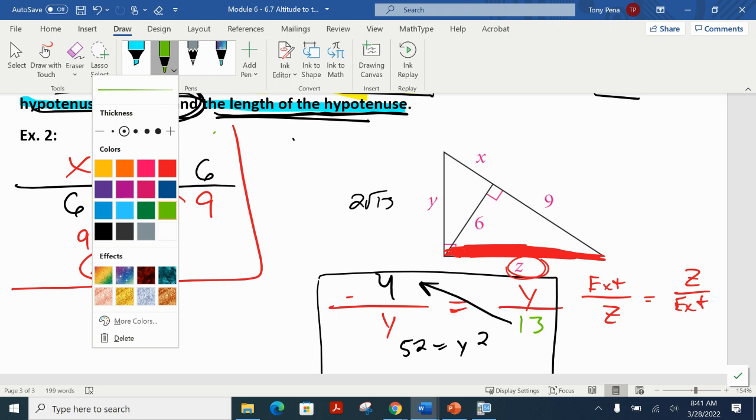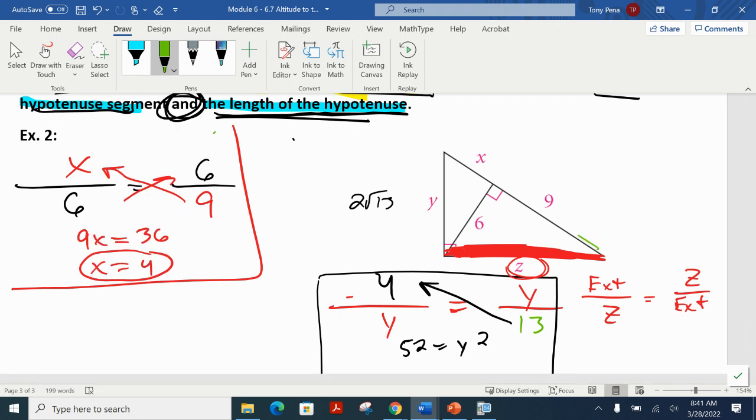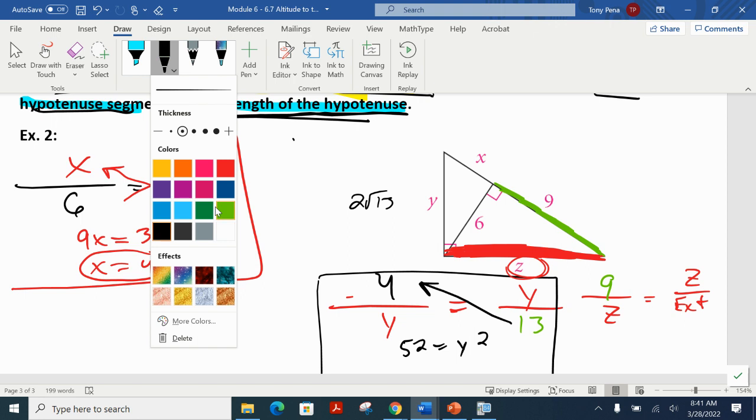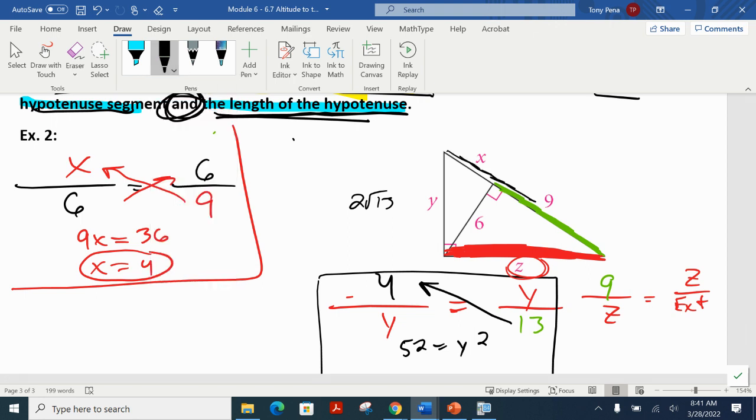And then what we compare it to is the adjacent side. So this side right here is the one that's right next to it on the hypotenuse. So you're going to put 9 into one of those positions, compared to the entire hypotenuse length. And we now know, what did we say x was? x was a 4. So this whole hypotenuse would have had a length of 13.